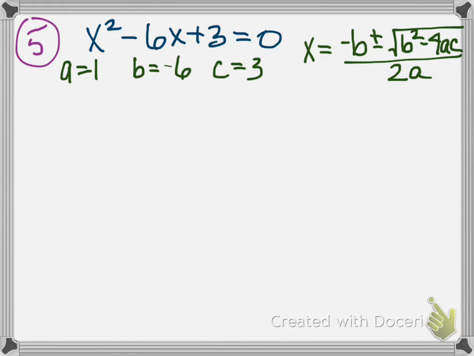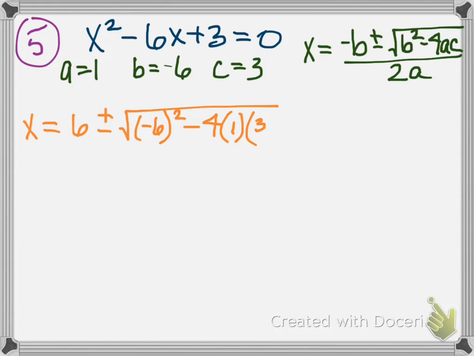Once I know that, I just plug in my numbers. So x equals opposite of b. So b is negative 6, so this is going to be positive 6, plus or minus the square root negative 6 squared minus 4 times a times c, divided by 2 times a.